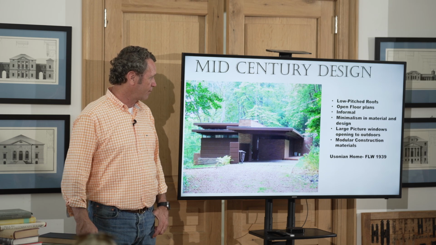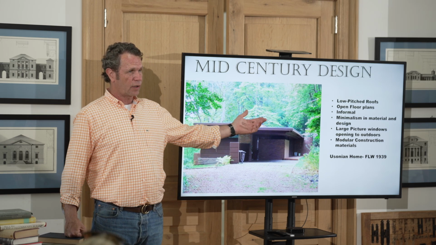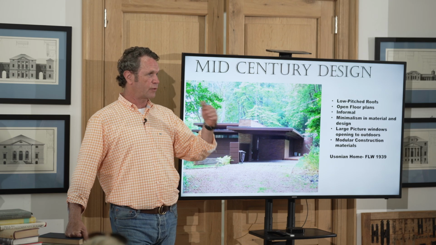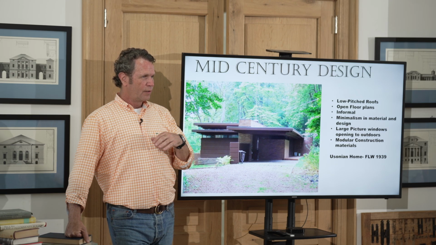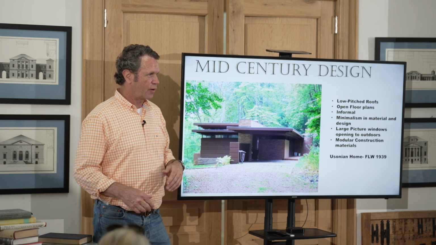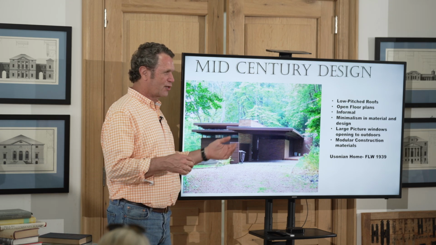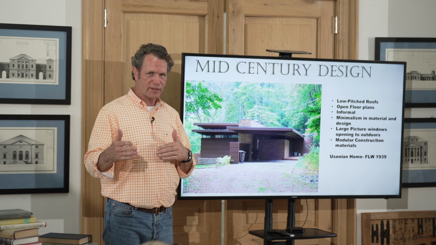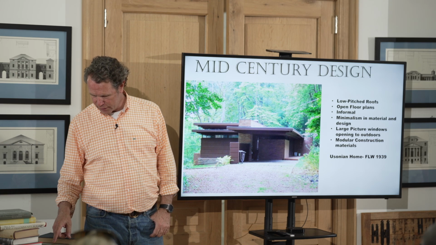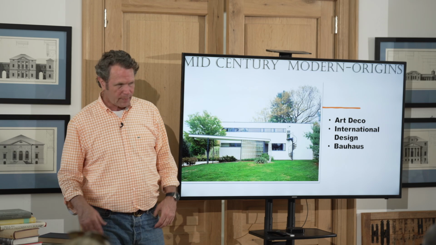If you go back to our arts and crafts talk, when we talk about the Rohe house, that was an open floor plan. That was a low pitched roof. So one reason Frank Lloyd Wright is kind of this, oh my gosh, Frank Lloyd Wright, if you're an architect, is because he was so inventive and so ahead of his time, doing things that were cutting edge and really cool.